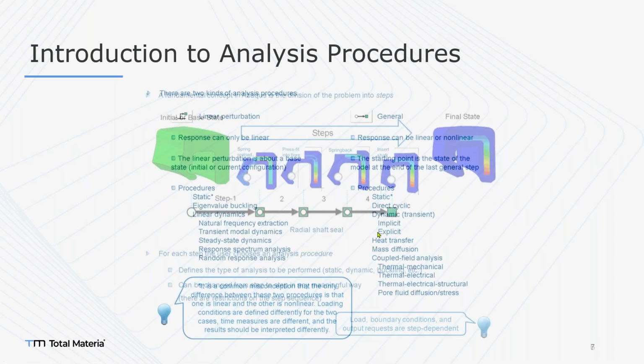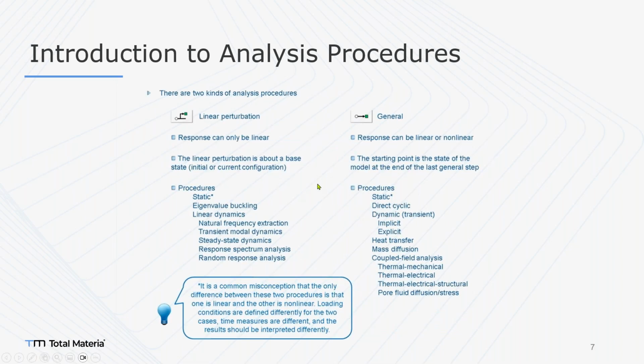It assumes linear analysis, such as natural frequency extraction, response spectrum analysis or random response analysis. For these there is no history dependency. We can assume that these are linear perturbation analyses.